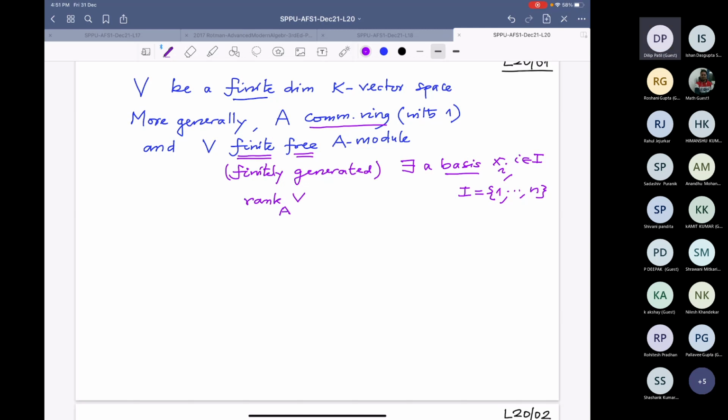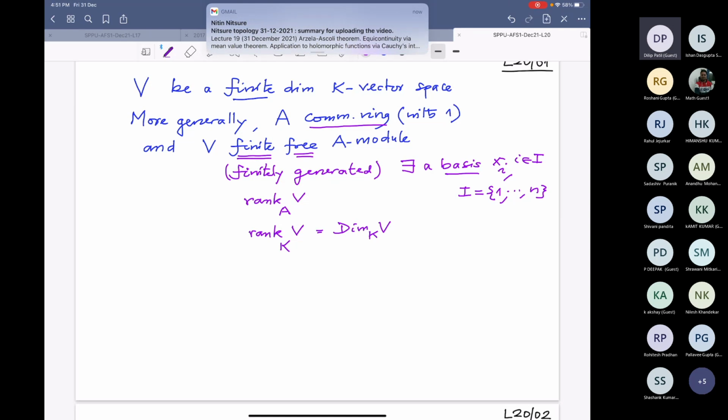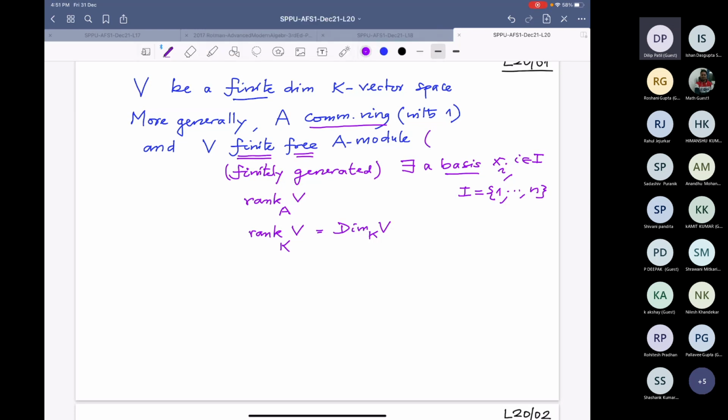Of course, in the finite dimensional vector space case, the rank of V over K is precisely the dimension. So instead of saying finite free module, I will also keep saying free module of finite rank.